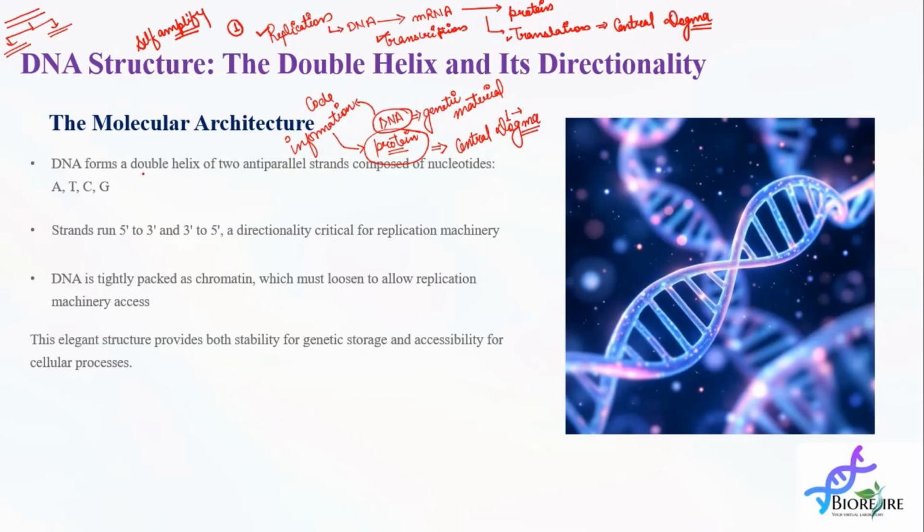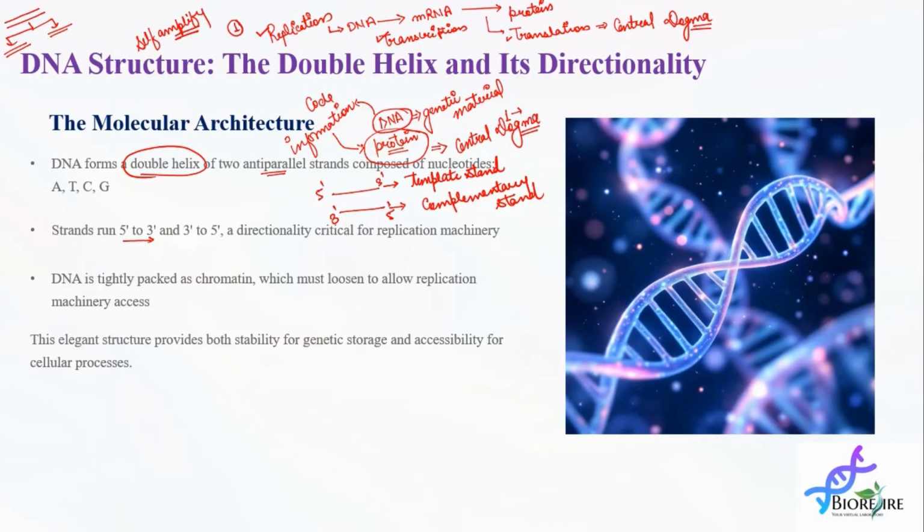And our DNA is a double helical structure, with antiparallel strands containing two strands. The first strand is known as the template strand, and the second strand is known as the complementary strand. The direction is 5' to 3' and 3' to 5'.